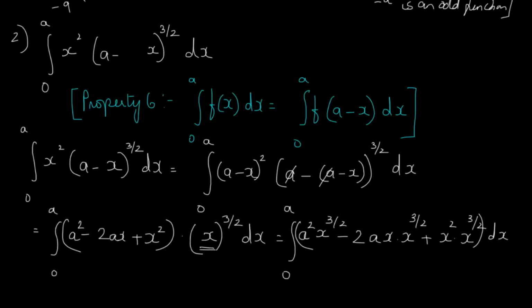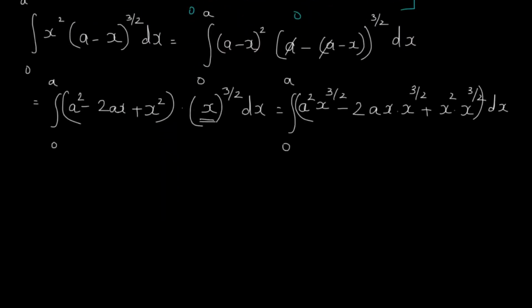Then in the next step, we get the integral from 0 to a. Now a squared x raised to 3 by 2 remains as it is for now, minus 2ax into x raised to 3 by 2. You know that when two same terms are multiplied together, their powers are added. So it is x raised to 1 plus 3 by 2, and by cross multiplying we get 5 by 2.